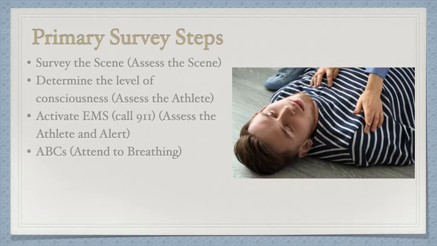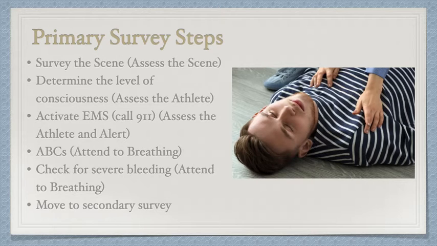ABCs, attend to breathing in our book. Check for severe bleeding. It's kind of part of attend to breathing in the textbook, not necessarily. And move to secondary survey once we're done with primary survey steps. So now I'm going to go over each one of these steps in detail.